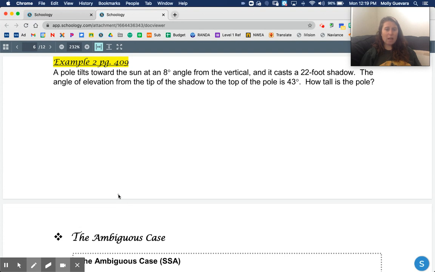The angle of elevation from the tip of the shadow to the top of the pole is 43 degrees. Okay, so here's the sun. There's the sun. Okay. And then I have this pole that's tilting towards the sun. And it's tilting at 8 degrees from the vertical, which tells me that this right here is 8.